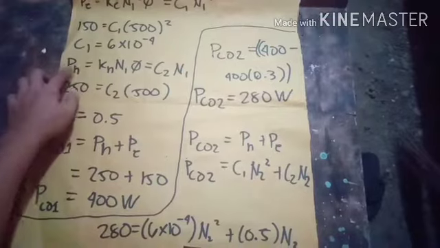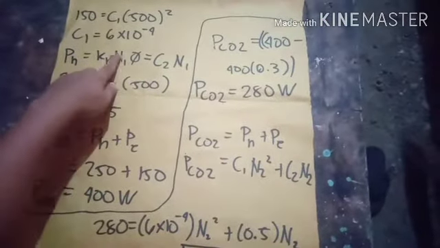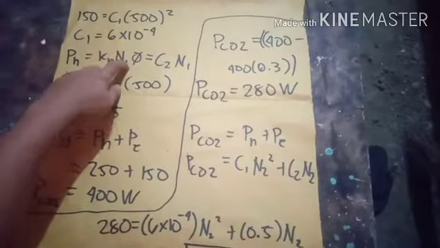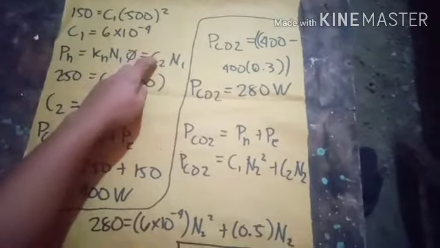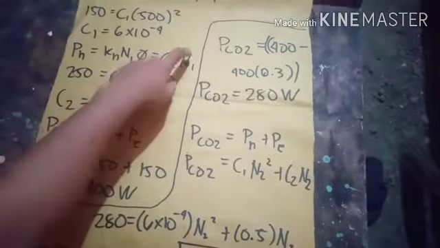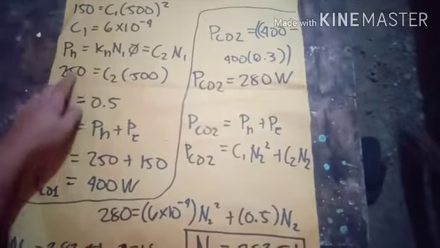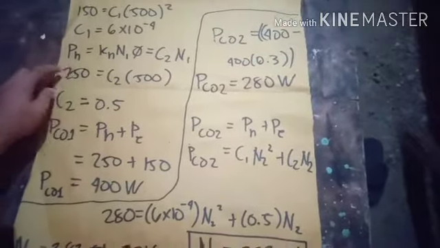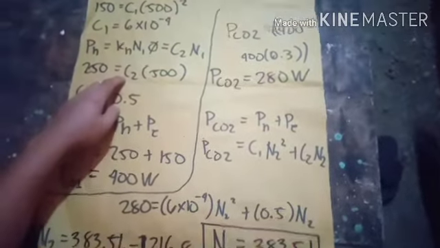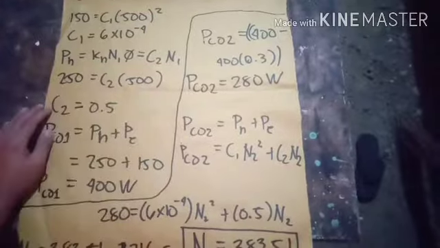Next is the P sub H, equal to K sub H N sub 1 times flux, equal to C sub 2 N sub 1. So for this P sub H, 250 is equal to C sub 2 times 500.